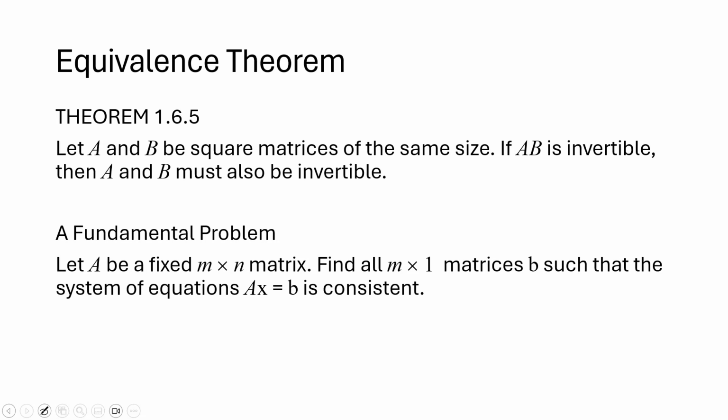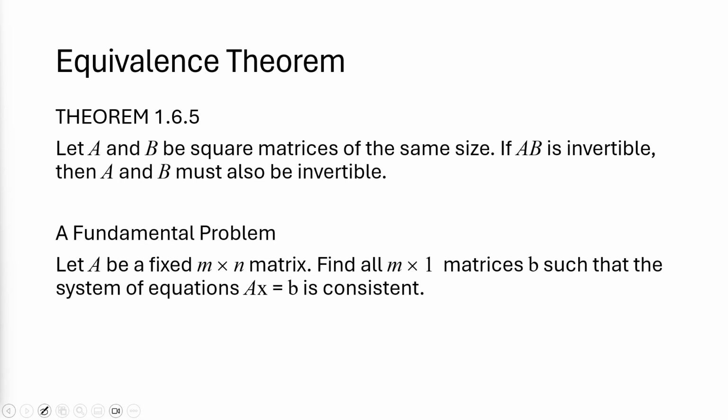If matrix A is an invertible matrix, theorem 1.6.2 completely solves this problem by asserting that for every m by 1 matrix B, the linear system Ax equals B has the unique solution x equals the inverse of A times B.